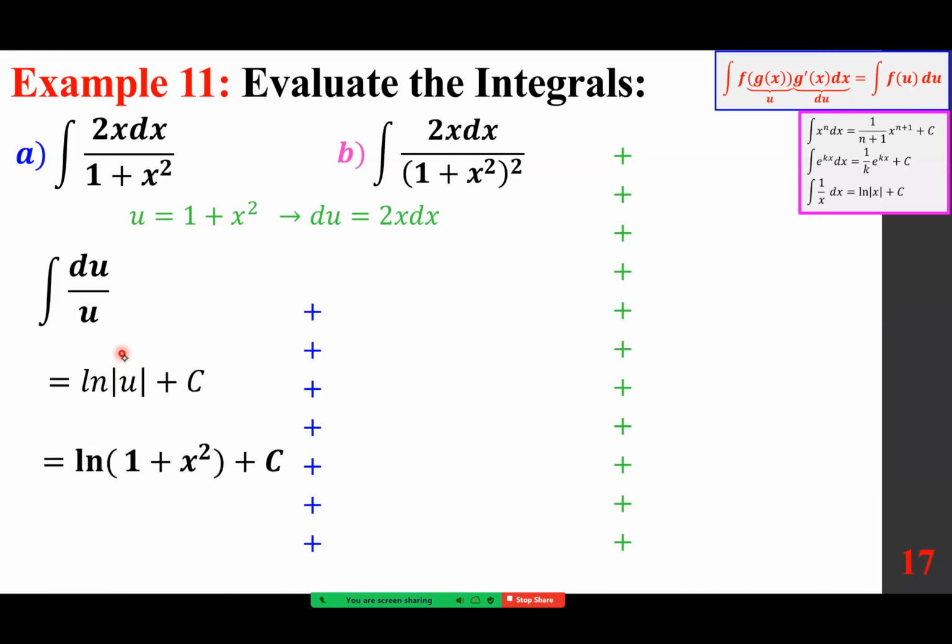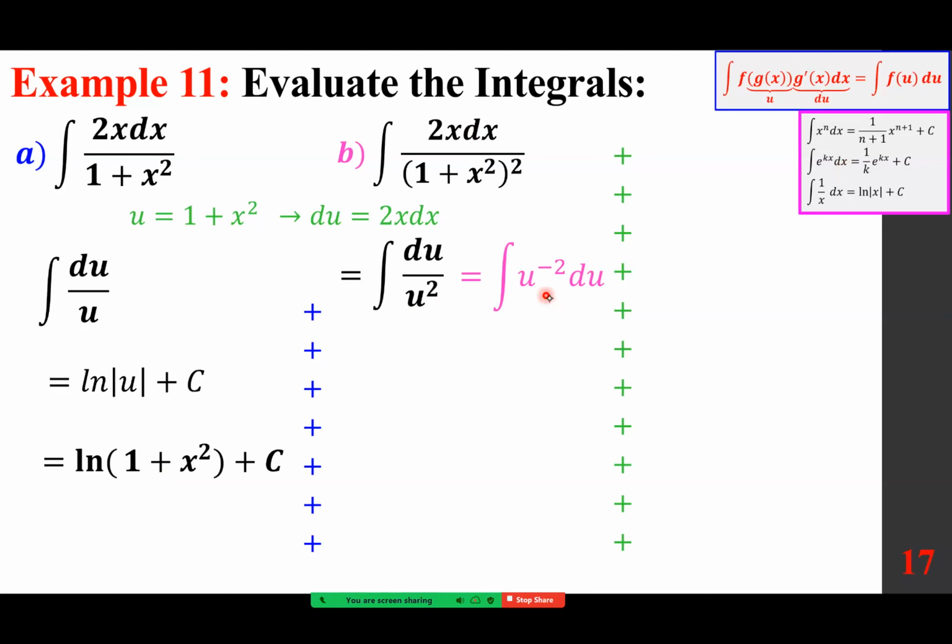In this case, if you don't use the absolute value, it's fine because 1 plus x squared is a positive value. This one, du over u squared. We have done this before, but let's go over it again. Let's rewrite this as u to the power of -2 and use the power rule on that.